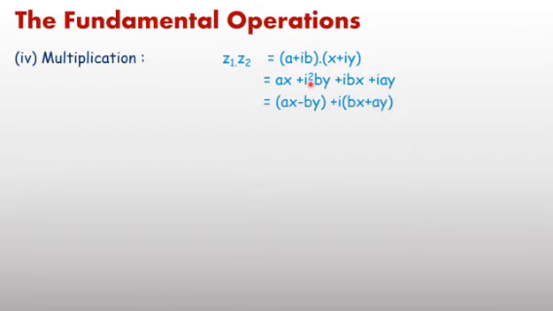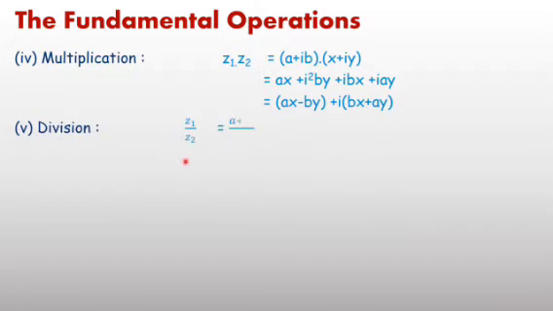The value of i square is -1. Therefore, write down ax minus by plus i common bx plus ay. It implies in Z1 into Z2, the real part is ax minus by and the imaginary part is bx plus ay.